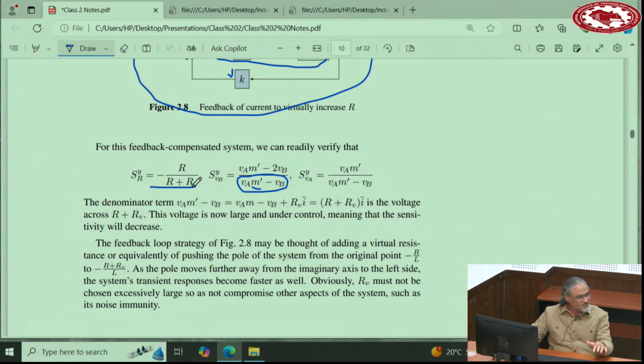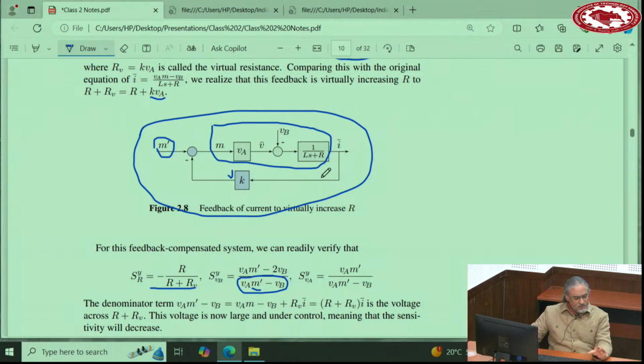So you decreased sensitivity 10 times. And similarly here, all the equations are inversely proportional to RV. So when you increase RV, the sensitivity will go down proportionally for all parameters.